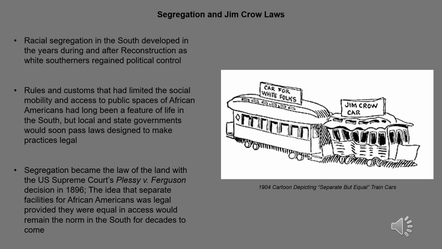Now, as we'll come to find out, separate but equal is never truly equal. The white version was always better than the black version. But in law, it was deemed okay to have two different versions of the same thing, one for white people and one for African Americans. And that's going to be the law of the land, passed in 1896, Plessy versus Ferguson, until 1954, with Brown versus Board of Education.